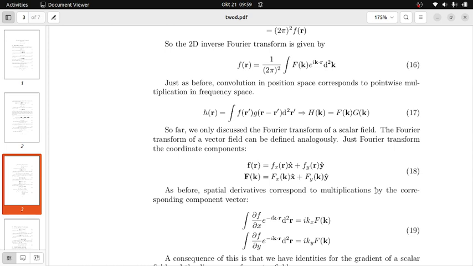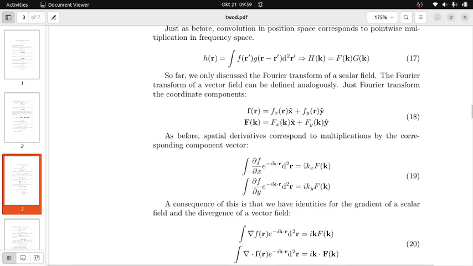But there is also the Fourier transform of a vector field, where you take a vector and return another vector. Since a vector field is just one scalar field for each component, the Fourier transform of a vector field is completely analogous. It is just the Fourier transform of each component in the same direction, right?